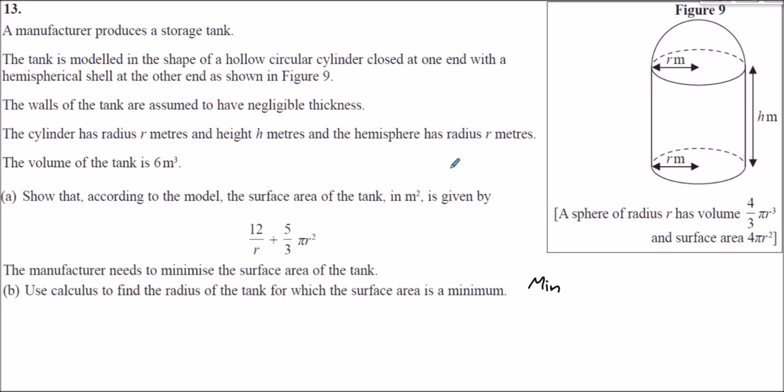So let's just set to work thinking about that. It's going to be minimum when dA by dr equals 0. So I need to differentiate the surface area with respect to r and set it equal to 0.